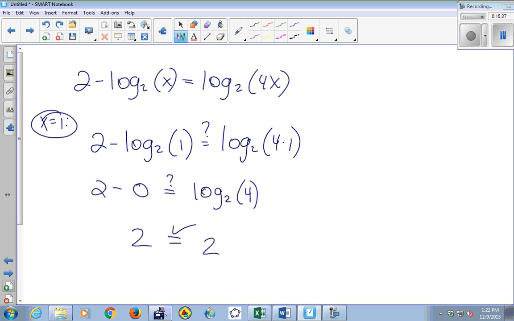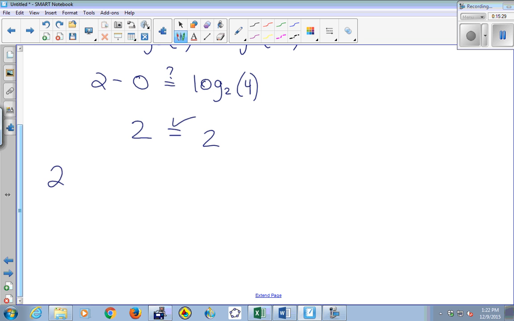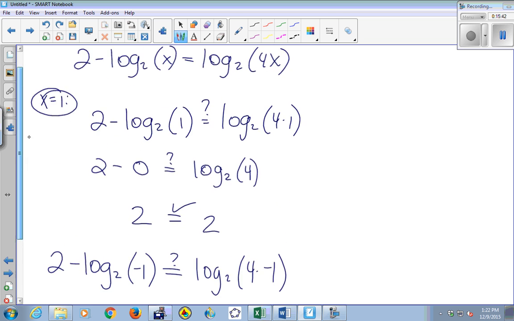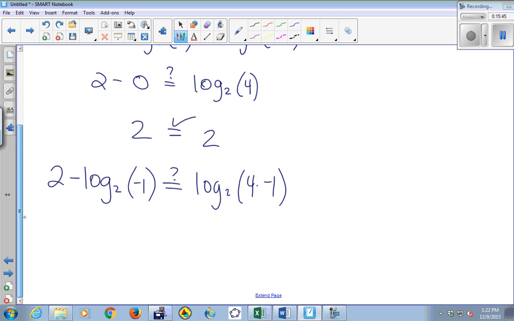Let's check negative 1. 2 minus log base 2 of negative 1. Does that equal log base 2 of 4 times negative 1? Okay, simplify the two sides here. What exponent can I put on a 2 to make a negative 1?